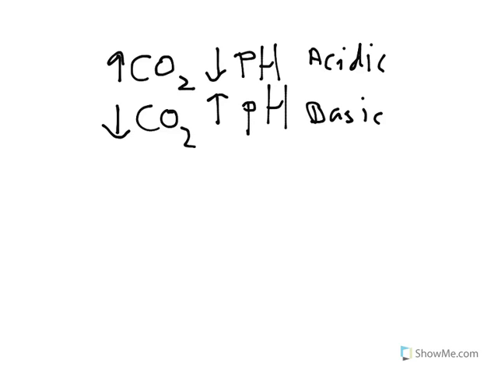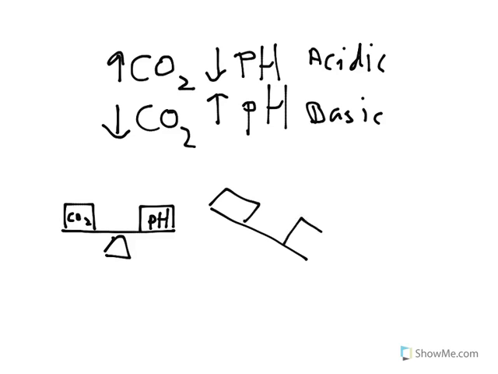So let me show you an easy model to try to grasp this. Remember, way back in chapter 1, something I always emphasize is that balance is key. We have our carbon dioxide levels and we have our pH levels. Let's say, for example, my CO2 goes up.